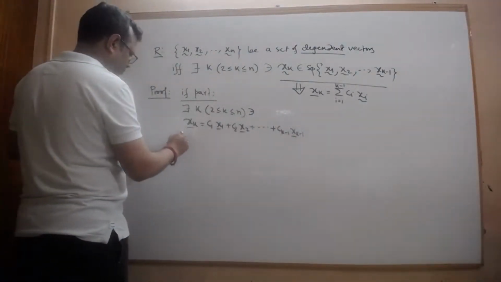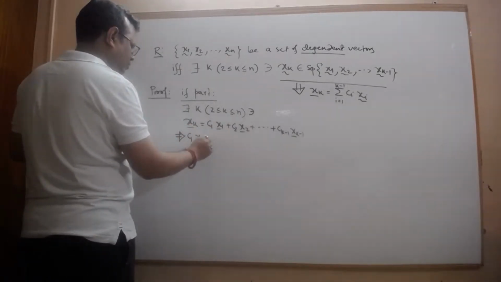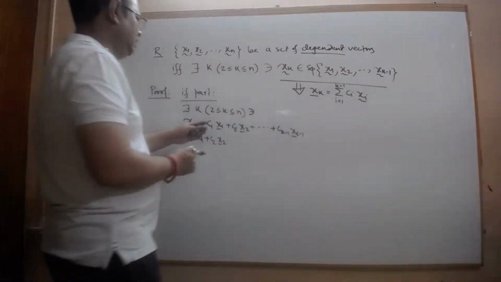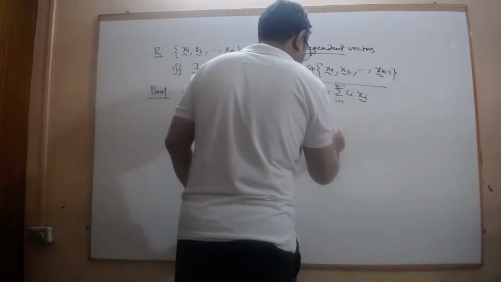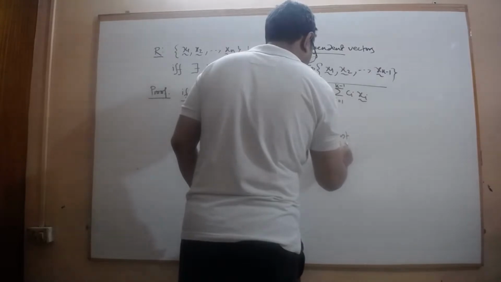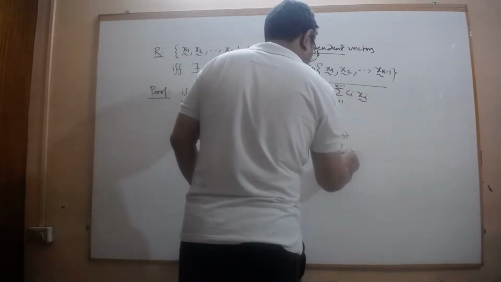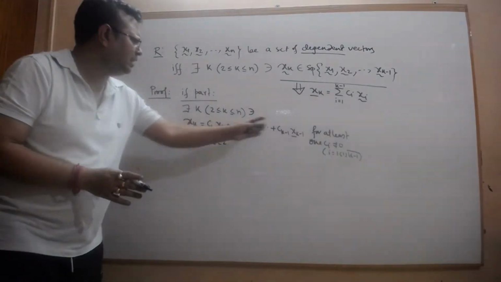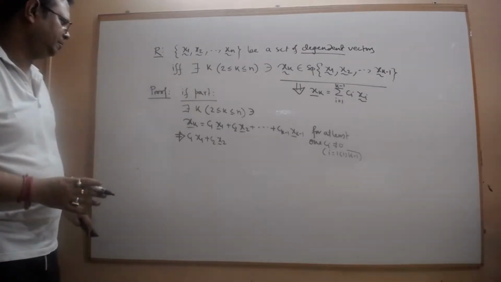So you can write this, obviously, for at least one ci not equal to 0, where i from 1 to k minus 1. So among these ci's there exists at least one ci not equal to 0 such that we can write this.